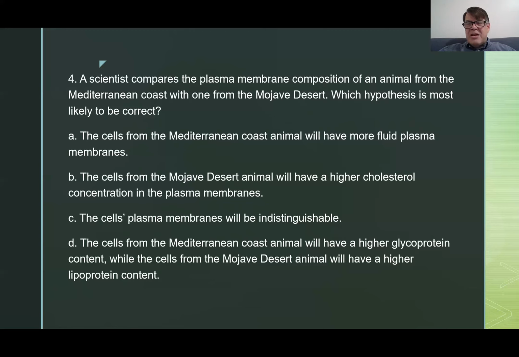And that's not a typical answer that a book would put on a test. D, the cells from the Mediterranean coast animal will have a higher glycoprotein content, while the cells from the Mojave Desert will have a higher lipoprotein content. If those are the identification ones, then I'm not sure about D.